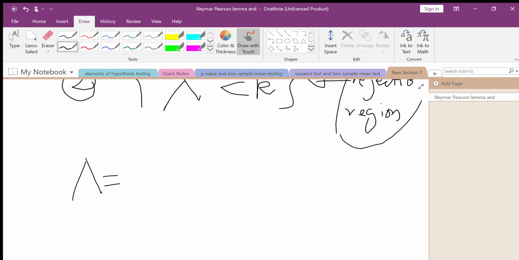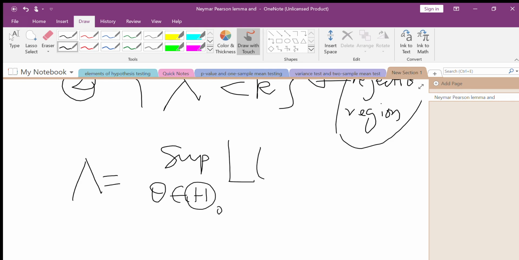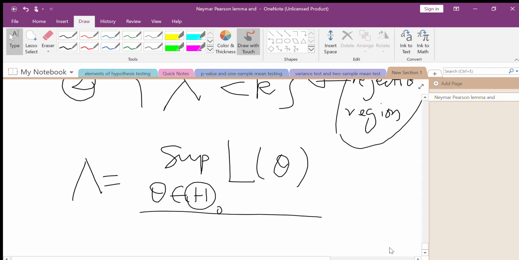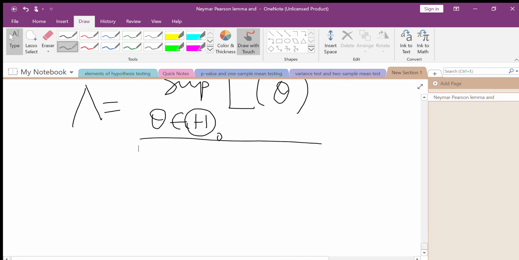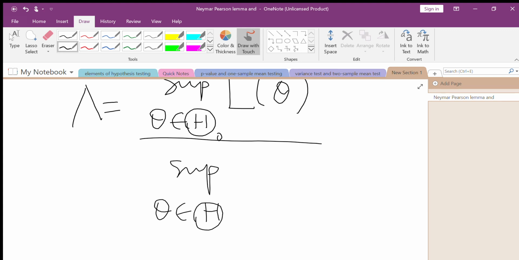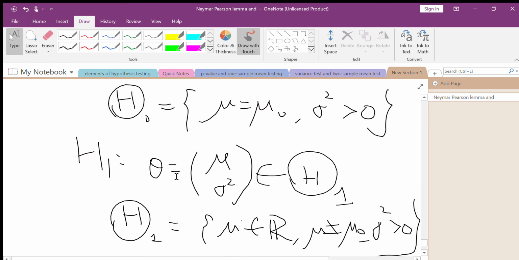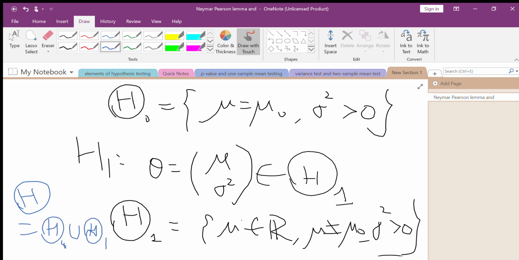Capital lambda by definition is the sup over theta from capital theta 0 of L evaluated at theta, and the denominator is the supremum over theta of capital L(theta), not theta 1, the whole parameter space. Here, capital theta is capital theta 0 union capital theta 1.